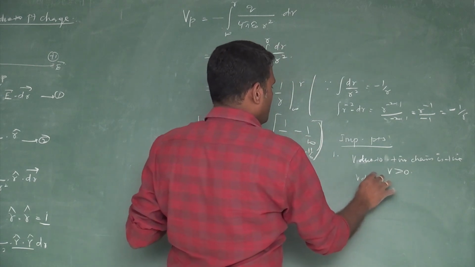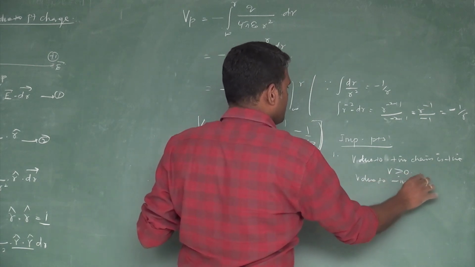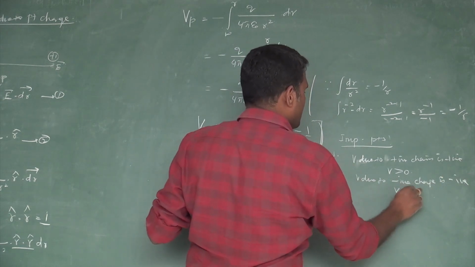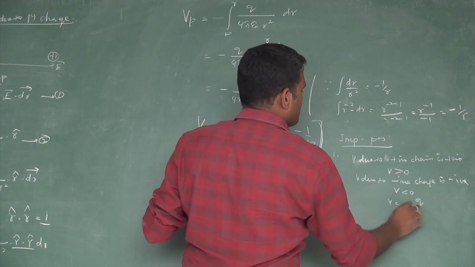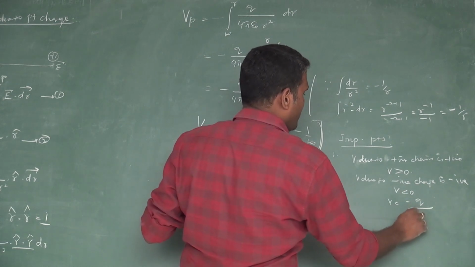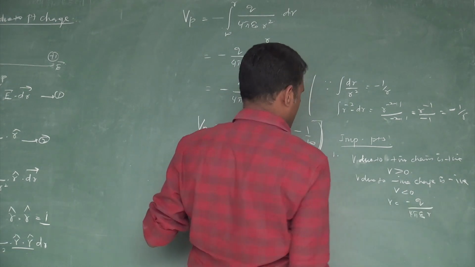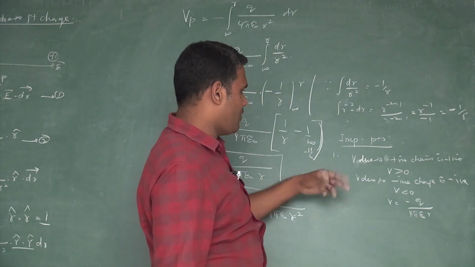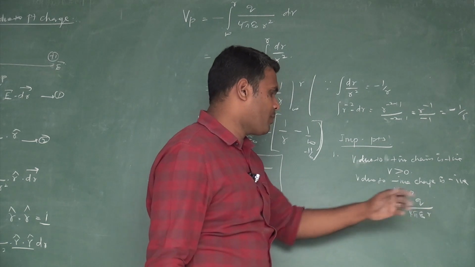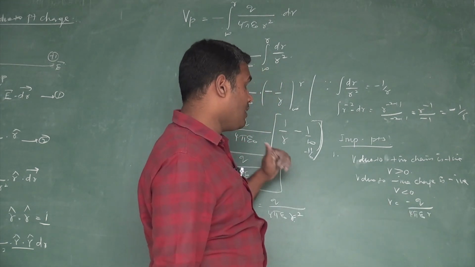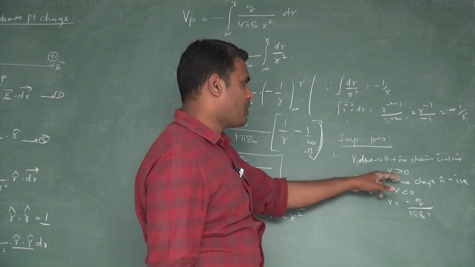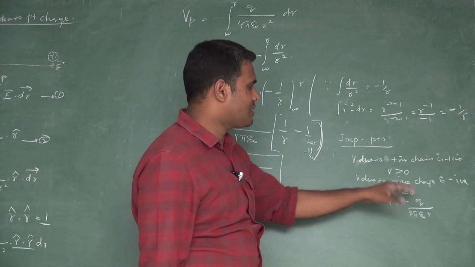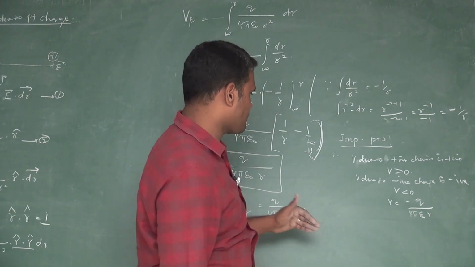But V due to a negative charge is negative, so V is less than 0, which is given by the expression V is minus of q divided by 4 pi epsilon naught r. If it is for positive charge, V equals q by 4 pi epsilon naught r. If it is for negative charge, it is minus q by 4 pi epsilon naught r. Potential greater than 0 means potential is positive. For negative charges, potential is negative, V is less than 0.